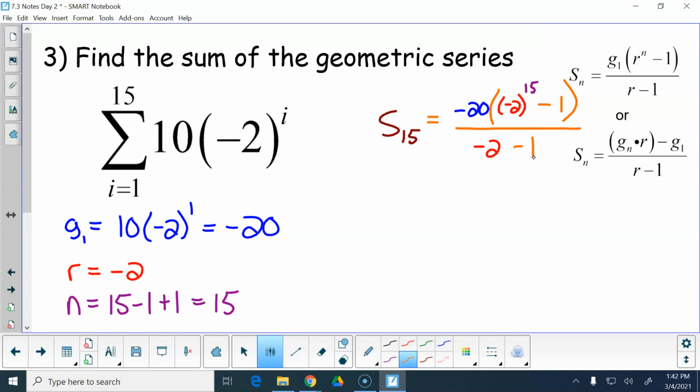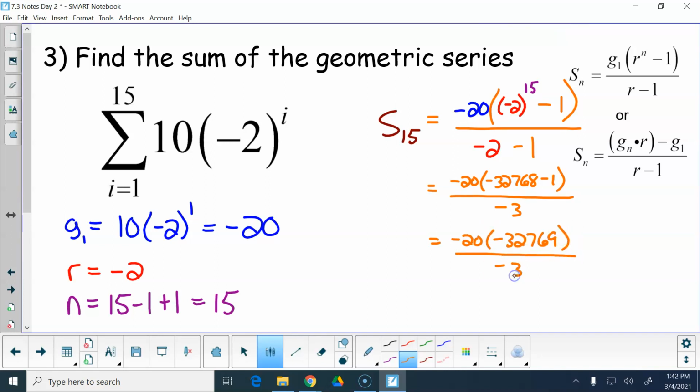So this becomes negative 20 times negative 32,768 minus 1 all over negative 3, which is negative 20 times negative 32,769, all divided by negative 3.